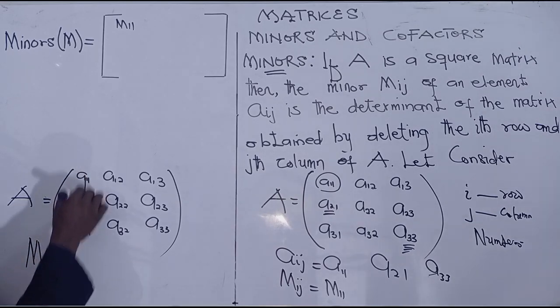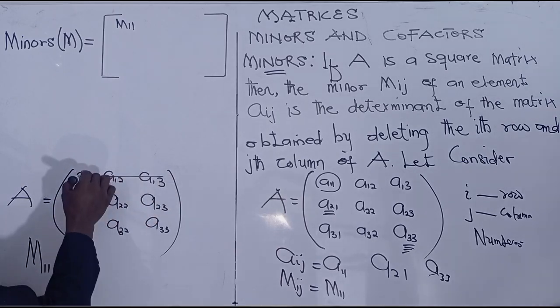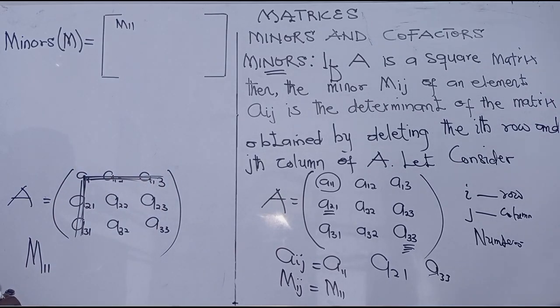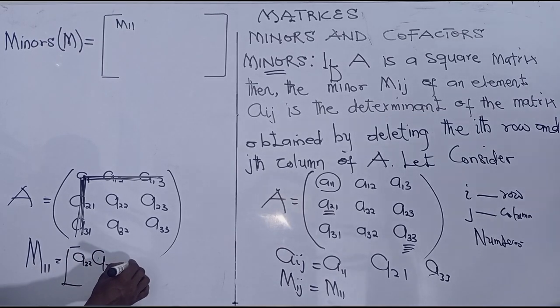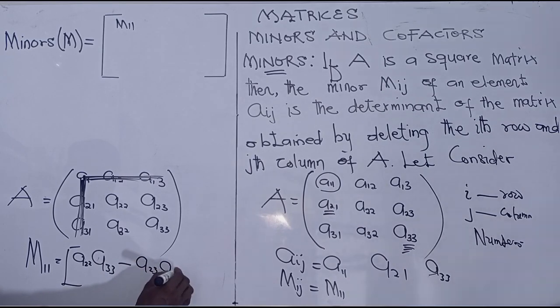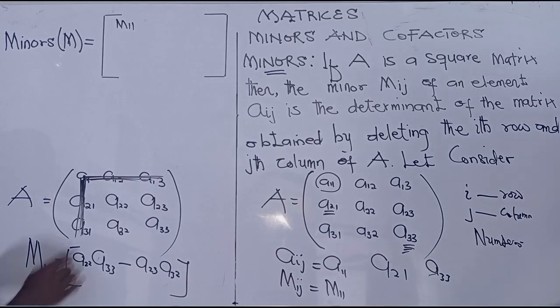We delete the first row and the first column of the matrix, and then we find the determinant of what remains. This gives us A22 multiplying A33 minus A23 multiplying A32, and that is the minor M11. So we have it here.